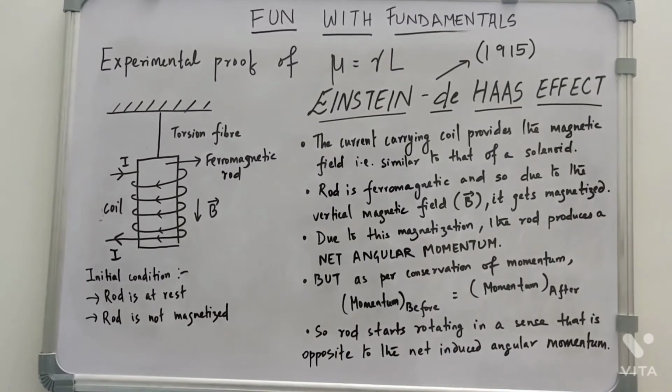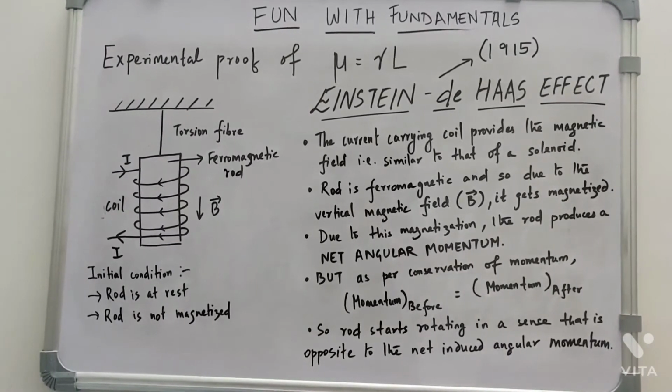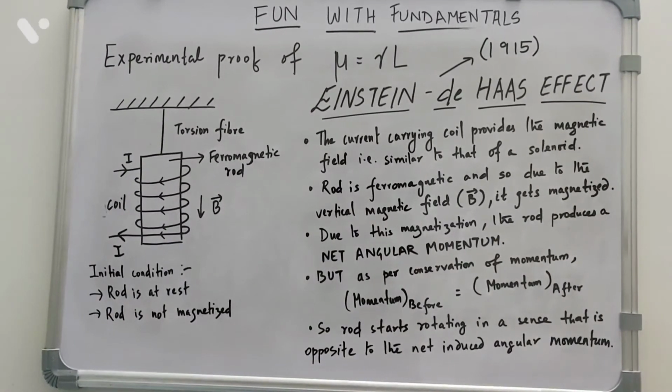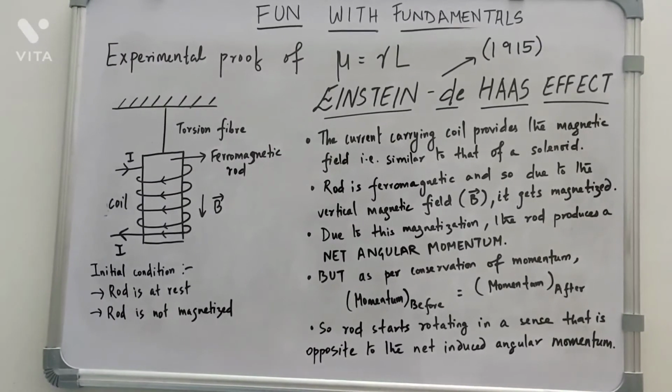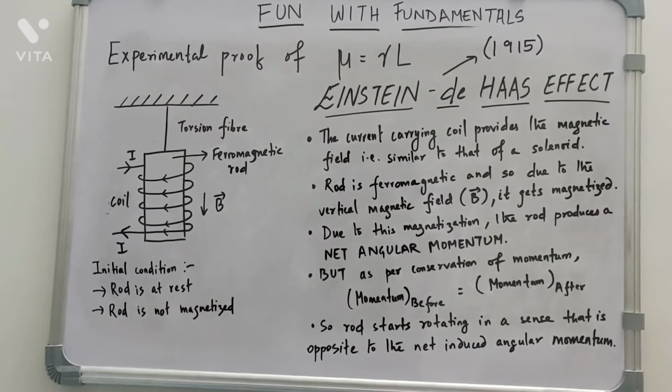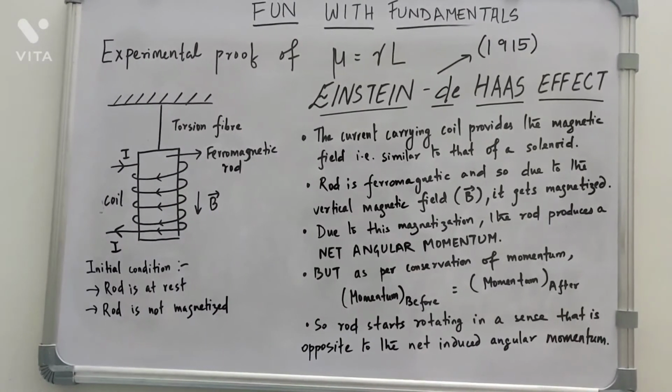Initially, the rod is at rest and it is not magnetized. Now when the current is switched on in the coil, it produces a magnetic field in the coil similar to that in a solenoid. Now the magnetic field direction is vertical as shown in the figure.